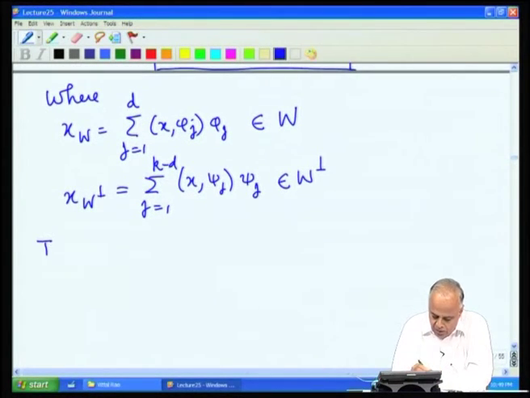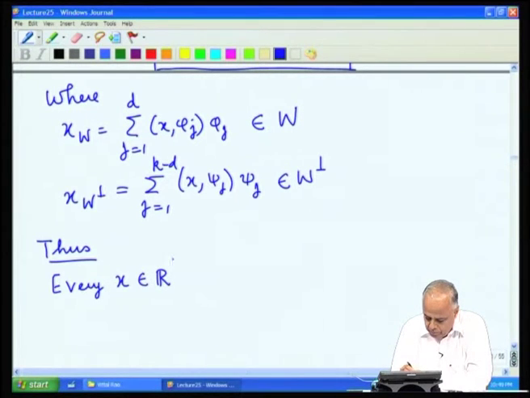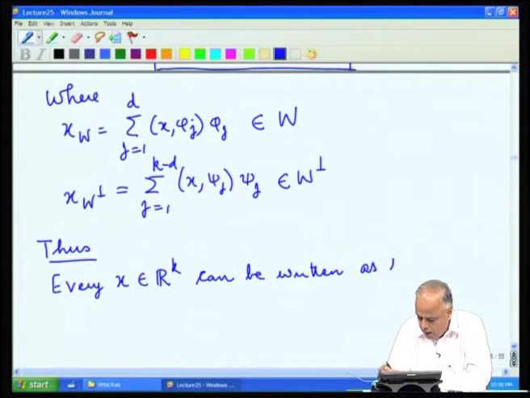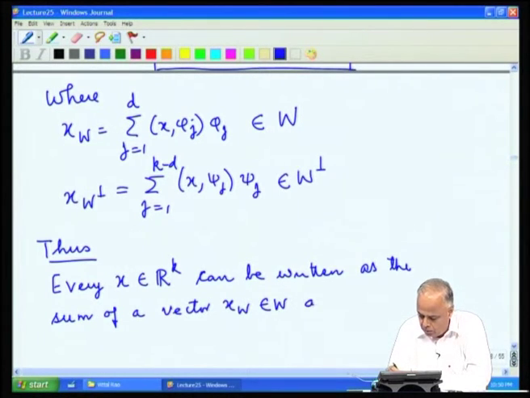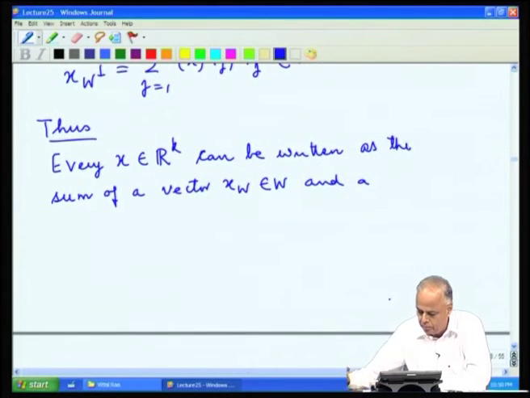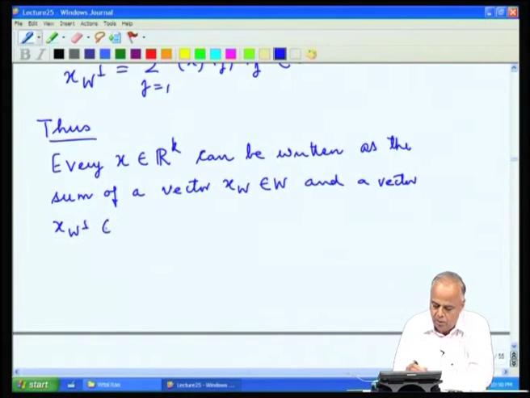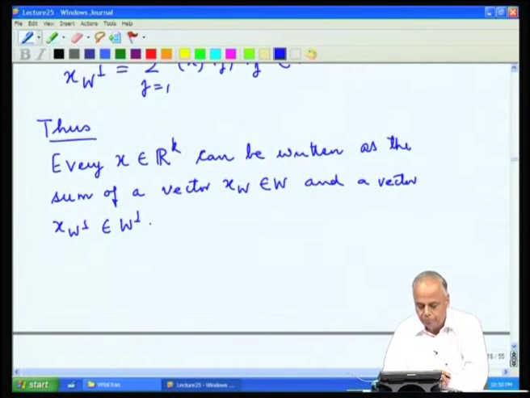So, thus the conclusion is every x in R^k can be written or decomposed as the sum of a vector x_W belonging to W and a vector x_W perp belonging to W perp.